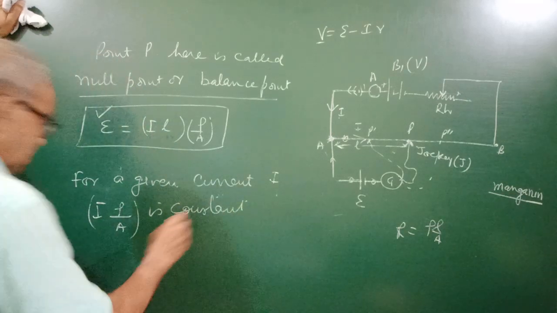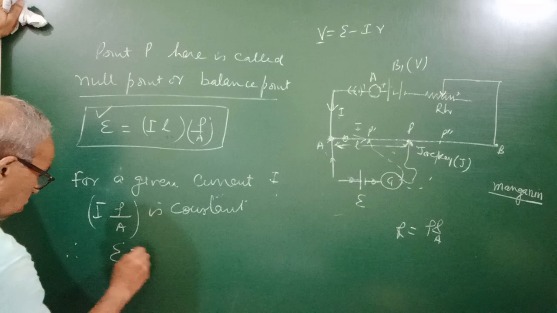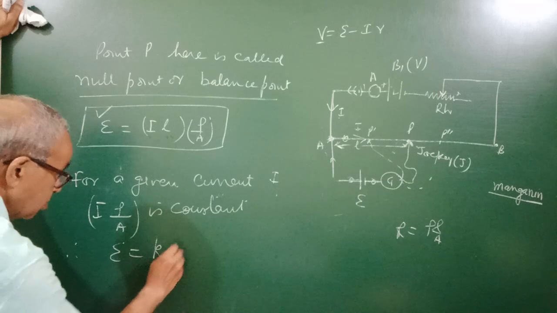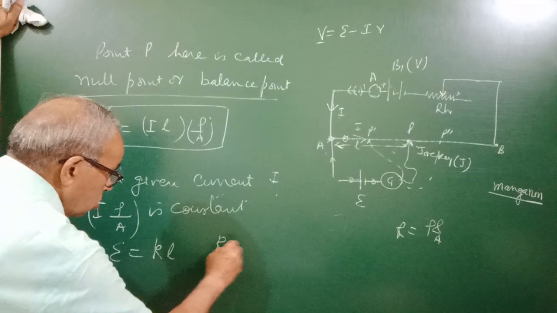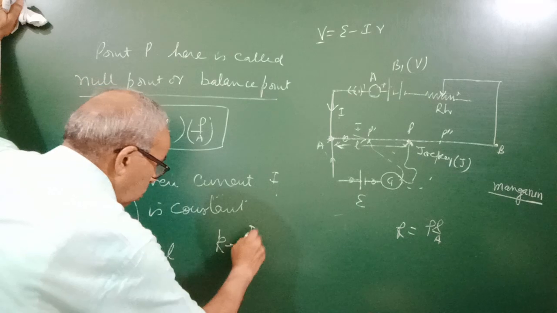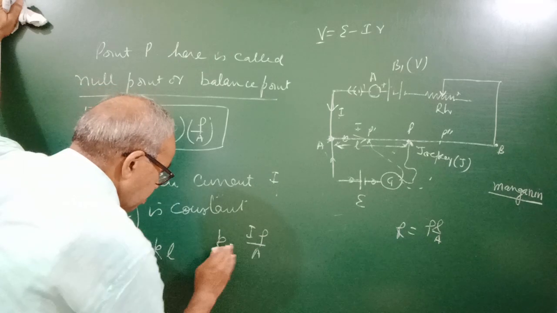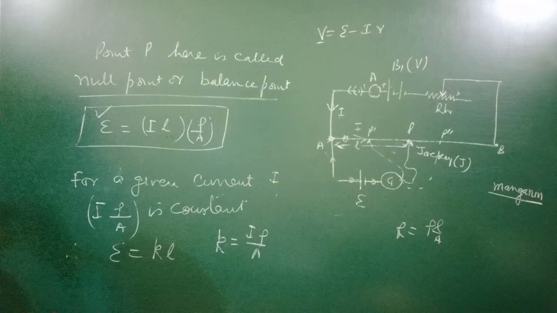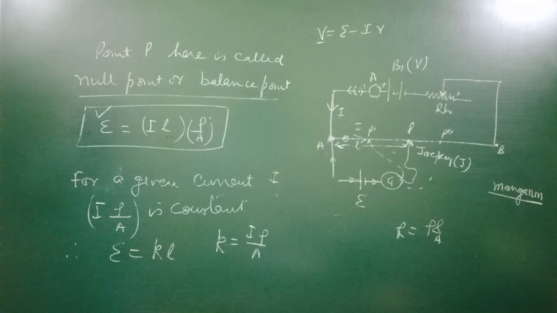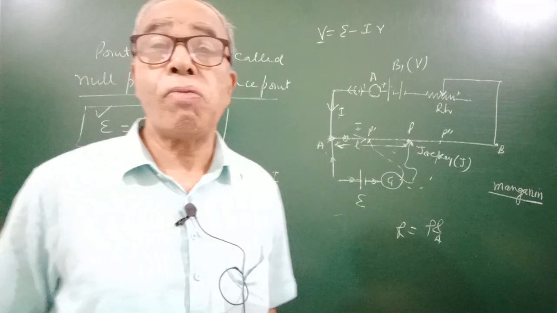So we can write E equals KL, where K equals I rho upon A. K is the constant of proportionality here.